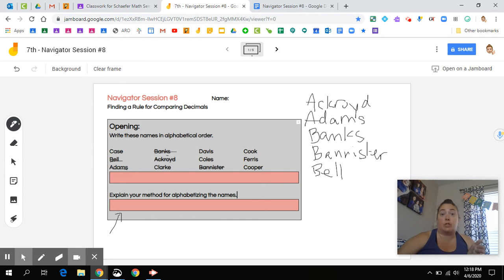We started with the first letter, right? And when the first letters were the same, then we needed to scooch to the next letter over, so that we looked at the second. And if those were the same, it forced us to look to the third, and so on. Okay, so you'll give me a description in your Navigator session 8 there on what the method was for getting these in the right order. So go ahead and pause and do that work, and then come back when you're ready.